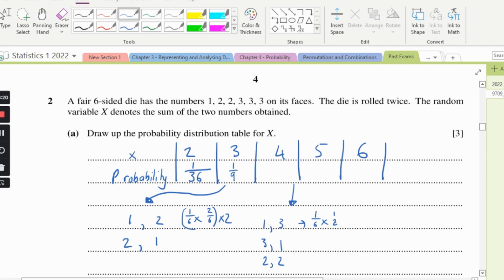Yeah, okay, cool. I'm going to do half. And then we can times that by 2. Why am I timesing it by 2? Because I could also get the 3 first, then the 1. And then what about getting a 2 and a 2? Who can help me with that? What do you reckon, Rihanna? Yeah. So I'm going to just do 1/3 squared if that's okay. And then we add all of that together. What do we get when we add it all together?